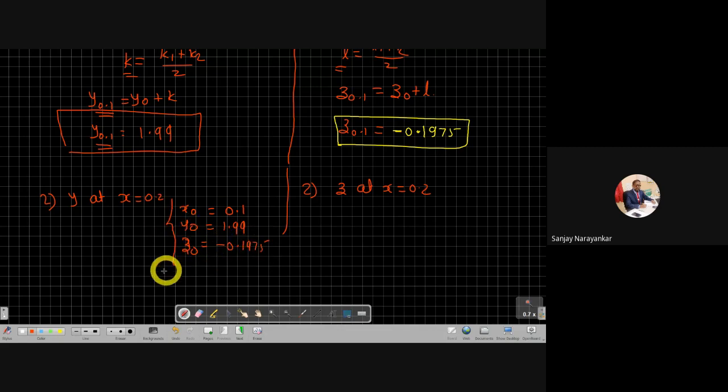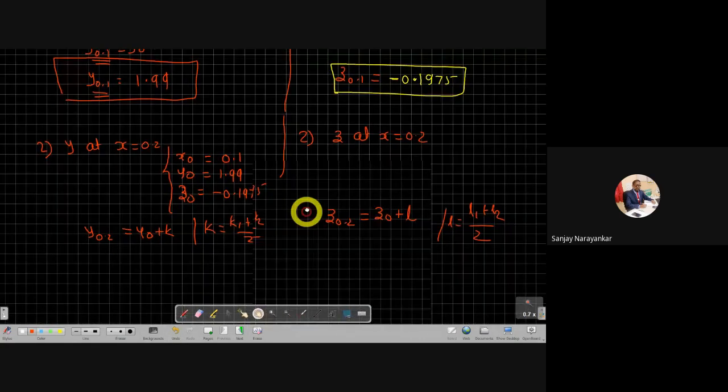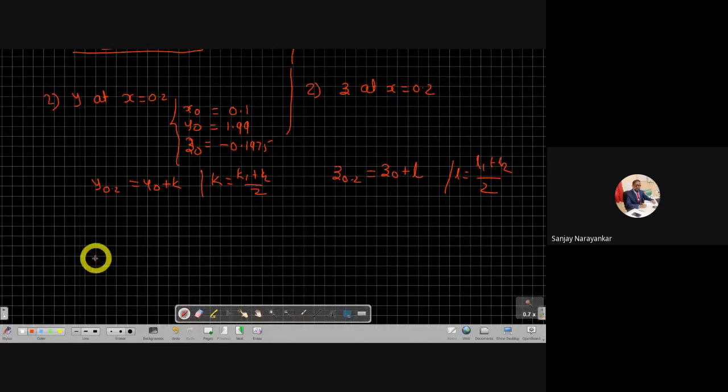Using these new values, again you have to find out y at 0.2 is equal to y0 plus k and z at 0.2 is equal to z0 plus l, where k is equal to k1 plus k2 by 2 and l is equal to l1 plus l2 by 2. Same process again. You have to repeat.